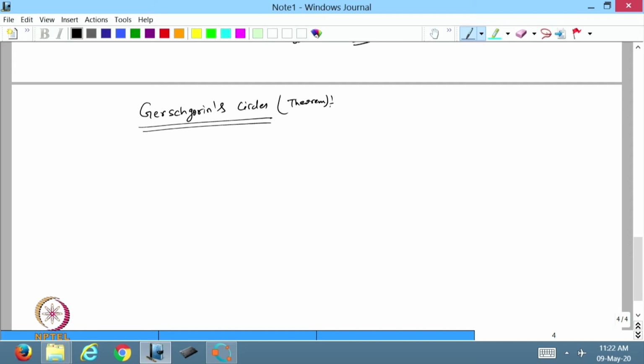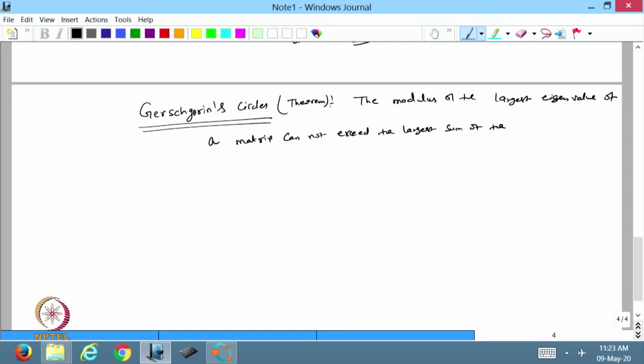So, what is this theorem saying? It says that the modulus of the largest eigenvalue of a matrix cannot exceed the largest sum of the moduli of its elements along any row.